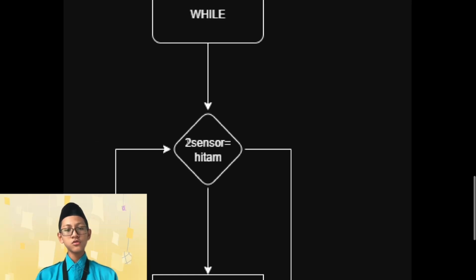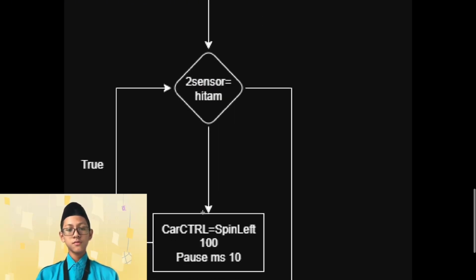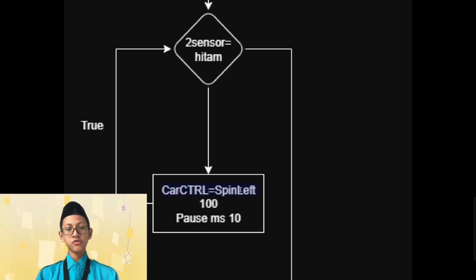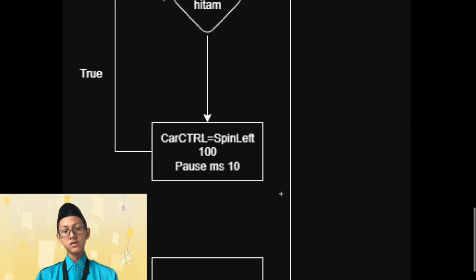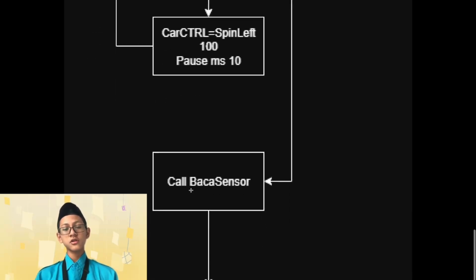If both of the sensors are black, on the right and on the left, then car control will spin left, with the speed of 100, and then pause for 10 milliseconds. And because it's true, then it's gonna call baca sensor again.